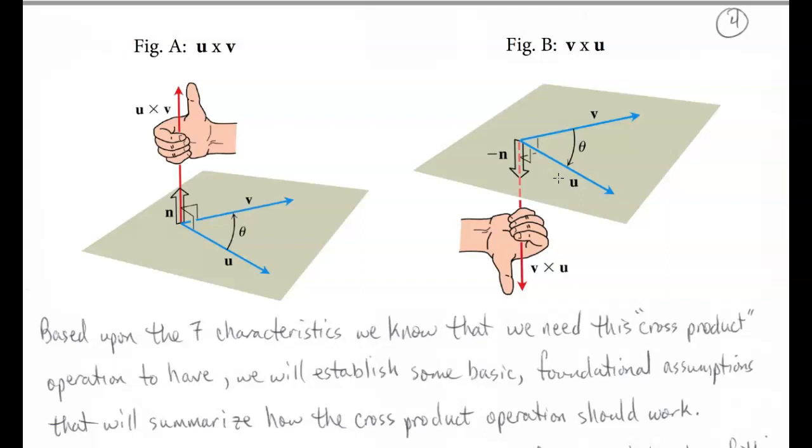And of course it has a direction, and we're using what's called the right hand rule to characterize that. Please note that there's a right hand rule, there's a left hand rule, and there's several other rules that you can come up with.